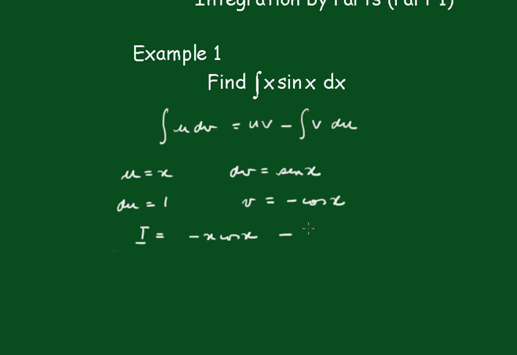Minus, now it's going to be v du, so that changed to plus cos x. And of course that becomes minus x cos x, and when you integrate cos x, you get positive sine x. Just be very careful because you're integrating and differentiating at the same time. So it's easy, particularly with these trig functions, to get it mixed up, plus a constant.